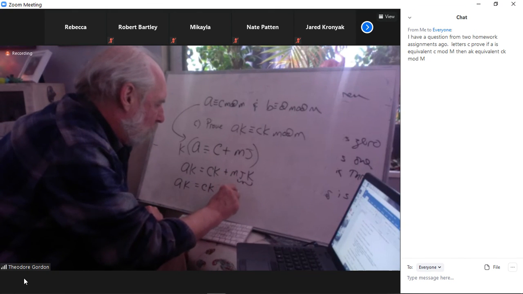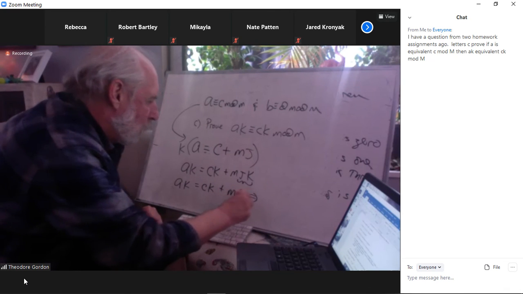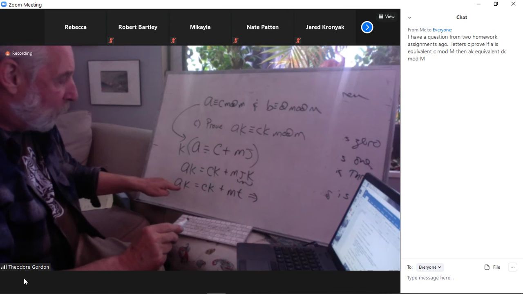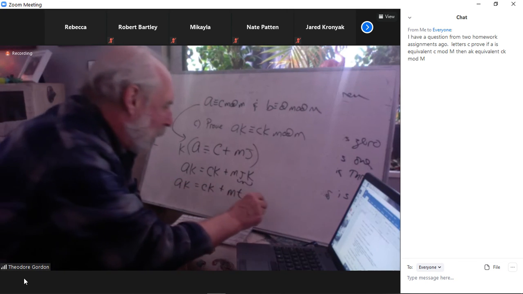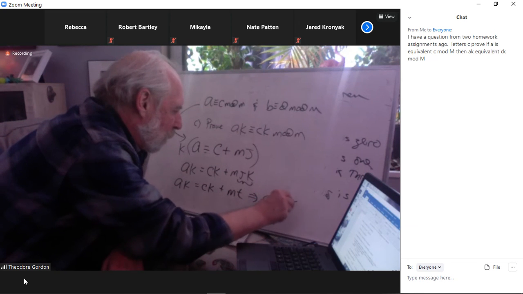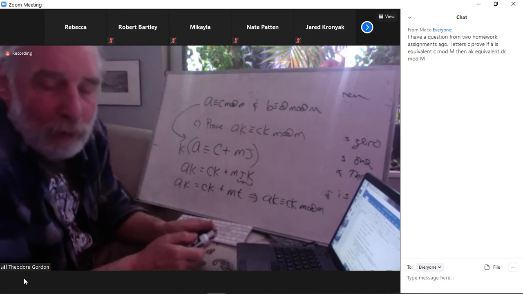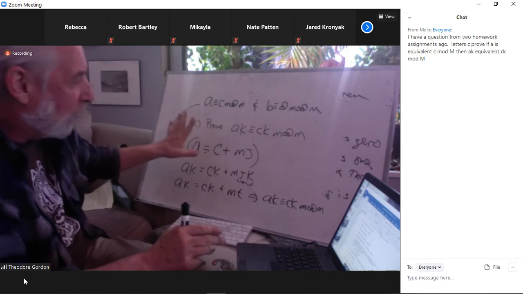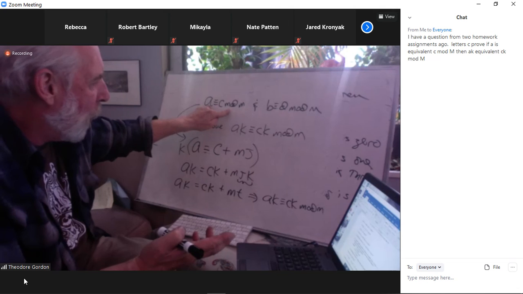So let's just call that T. Well, by definition, AK is equal to CK plus a multiple of the mod. So therefore, AK is congruent to CK mod M. And that's the end of the proof, right? So it's just arithmetic, but you're using the definition of what that means.